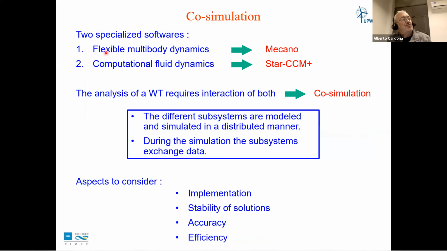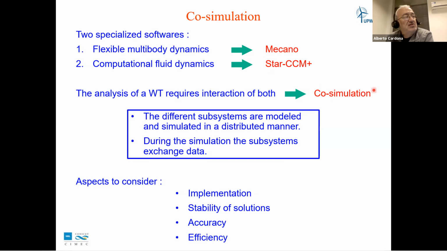So that's what we have: two specialized softwares. One for flexible multibody dynamics, which is Mecano, and another one for computational fluid dynamics, which is STAR-CCM+. In order to make the analysis of the wind turbine, we have to make them both interact.